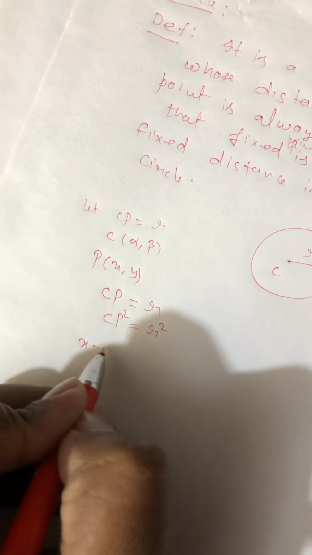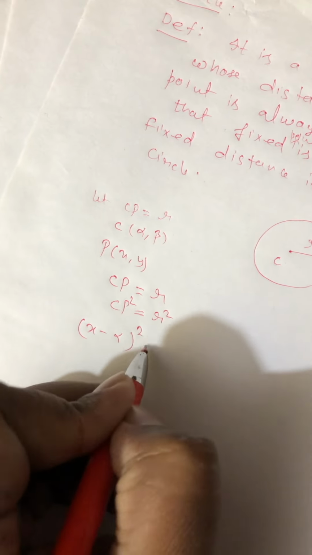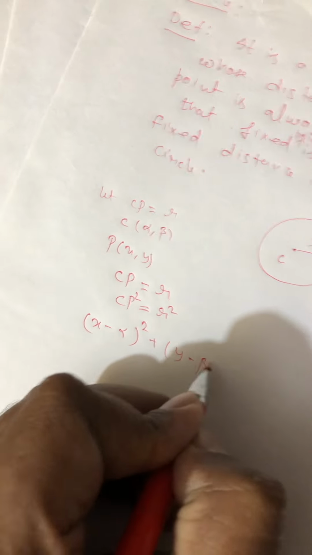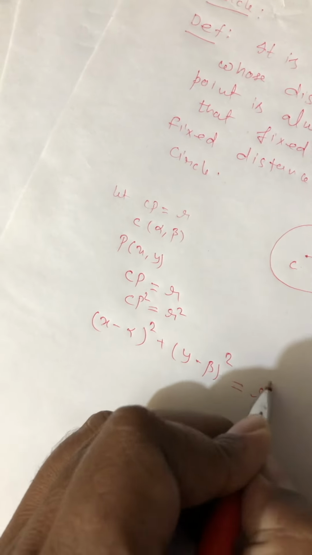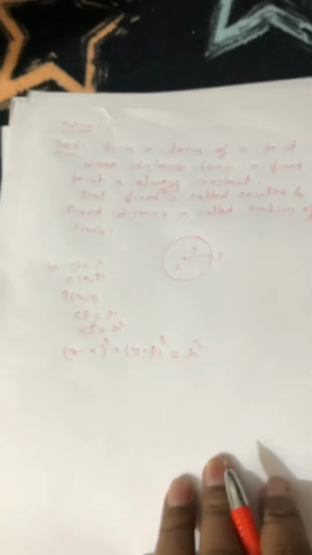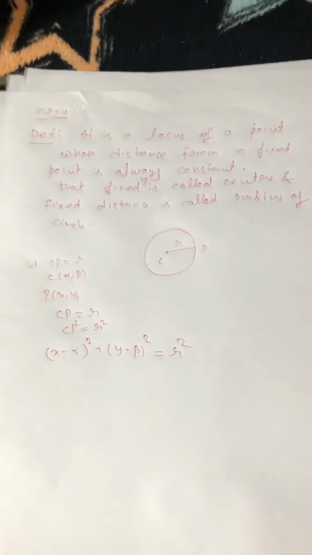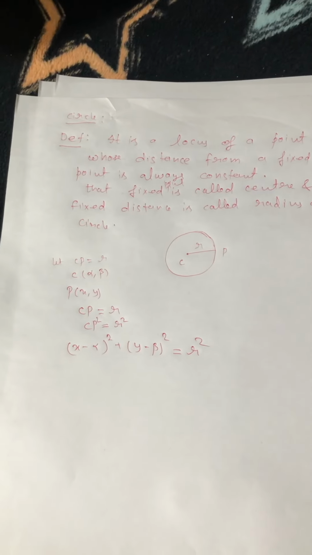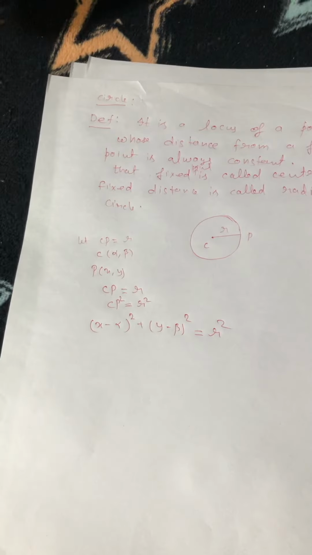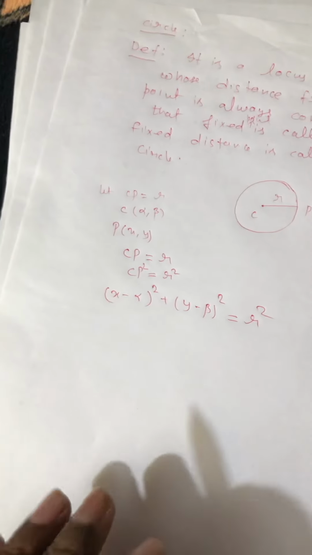That will be (x minus alpha) square plus (y minus beta) square is equal to R square. So this gives us the equation of a circle if we know the center and radius of the given circle. Now we will move forward.